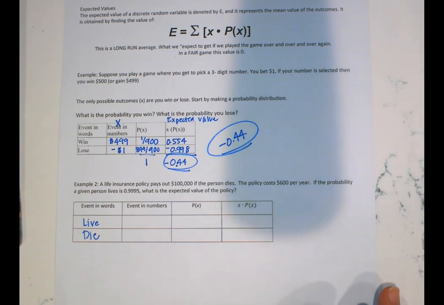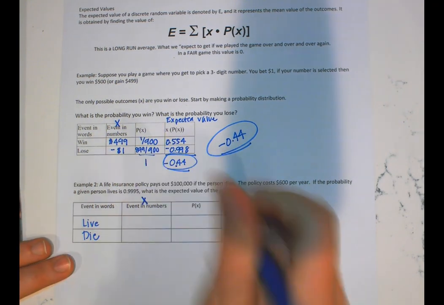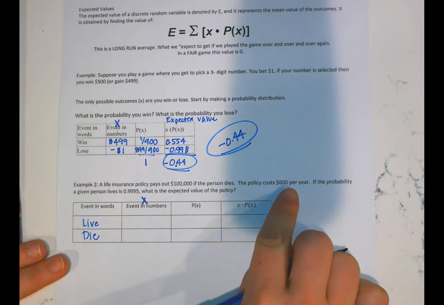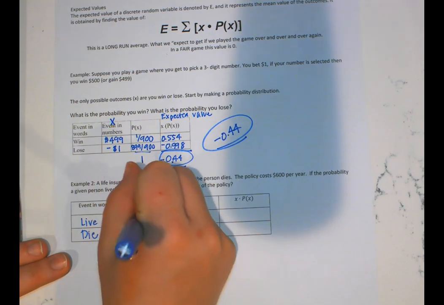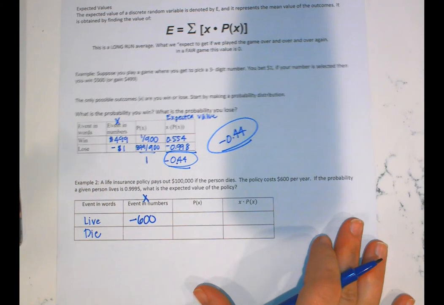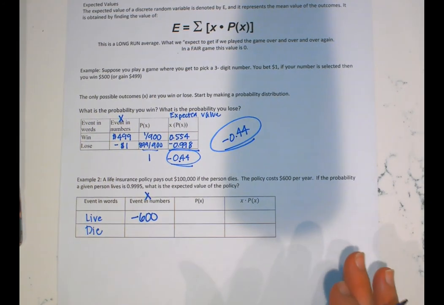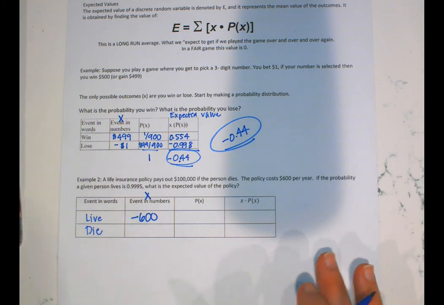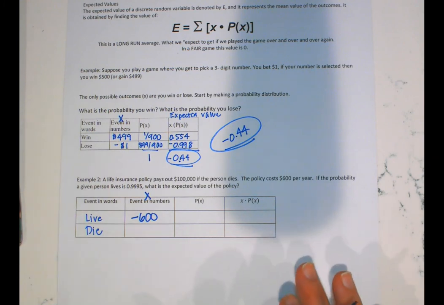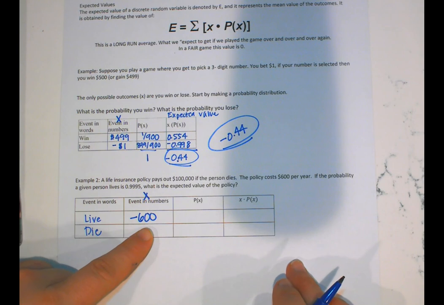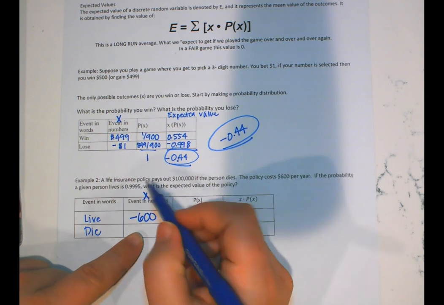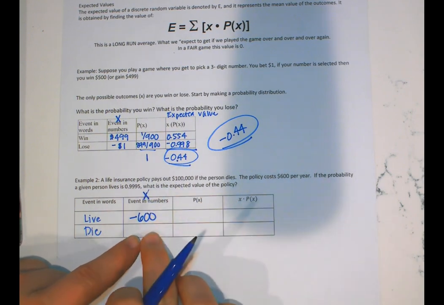So if we live, financially, in numbers, what happened? Well, we paid $600 that we're not getting back. So we lost $600 from paying for this insurance. If we die, we would get $100,000, but remember, you put $600 in. So you're not going to get out your total. This is not the total of $100,000.